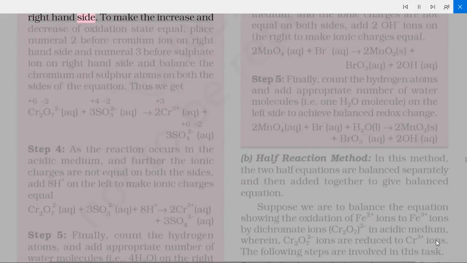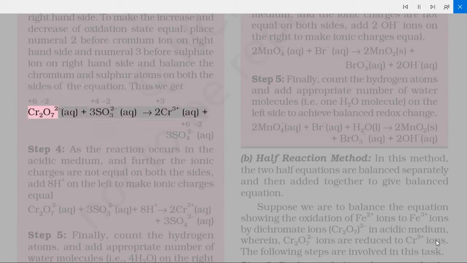To make the increase and decrease of oxidation state equal, place numeral 2 before chromium ion on the right hand side and numeral 3 before sulfate ion on the right hand side, and balance the chromium and sulfur atoms on both the sides of the equation. Thus we get Cr2O7^2- + 3 SO3^2- → 2 Cr^3+ + 3 SO4^2-.